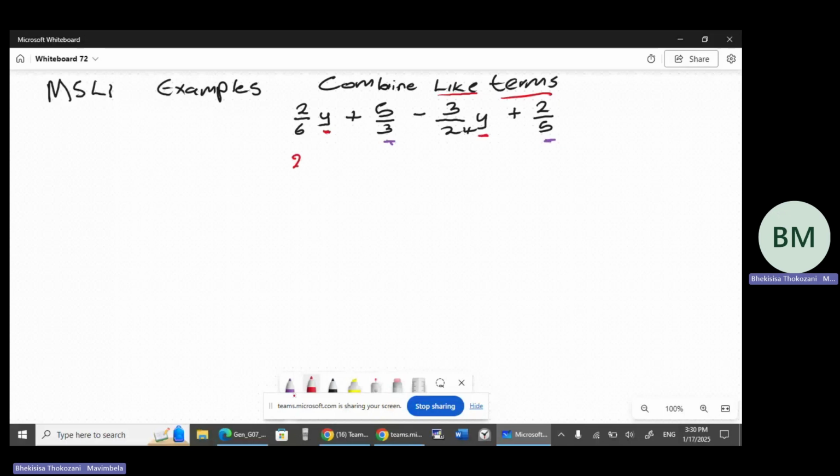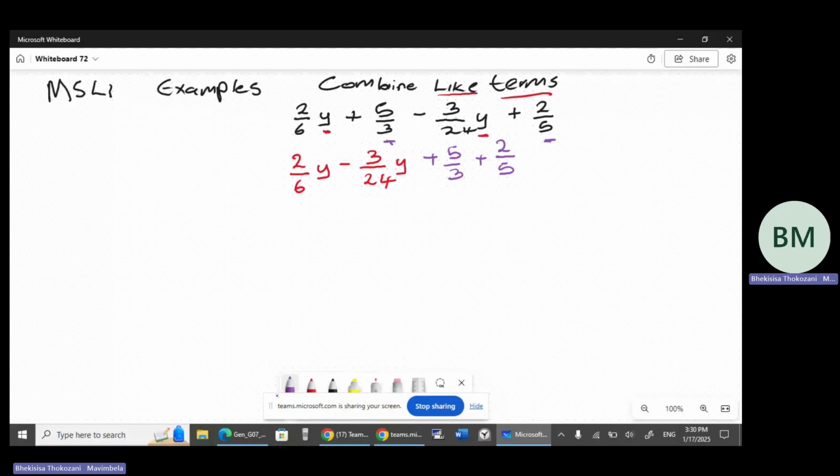So we have 2 over 6y, minus, remember you must make sure that you also take it with the sign, minus 3 over 24y, and we have a constant here which is plus 5 over 3 plus 2 over 5.